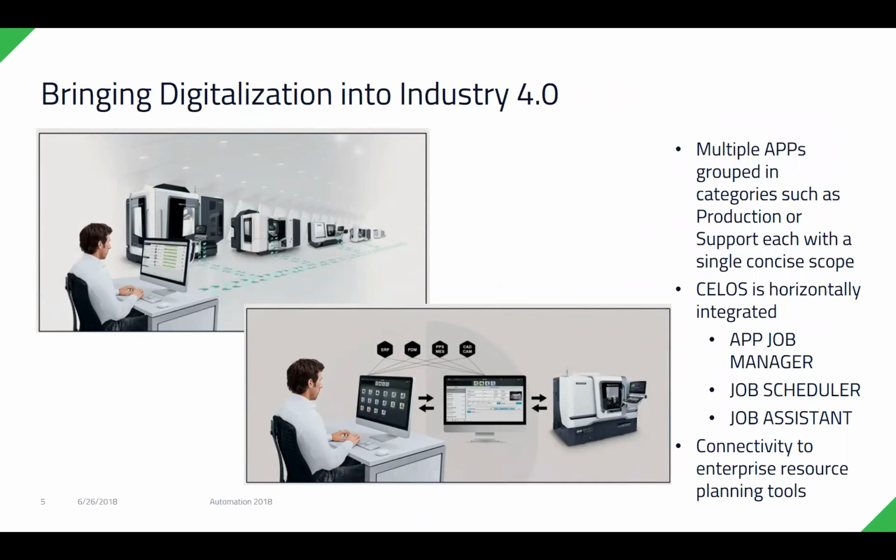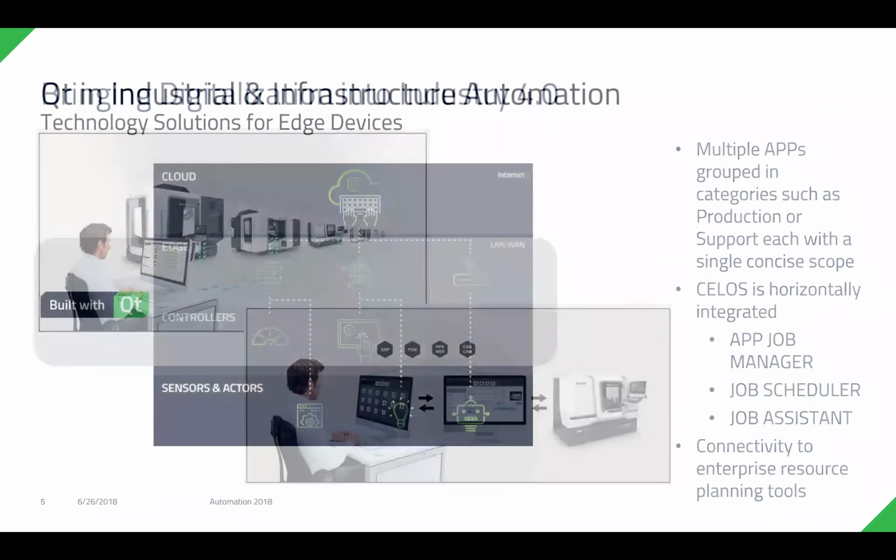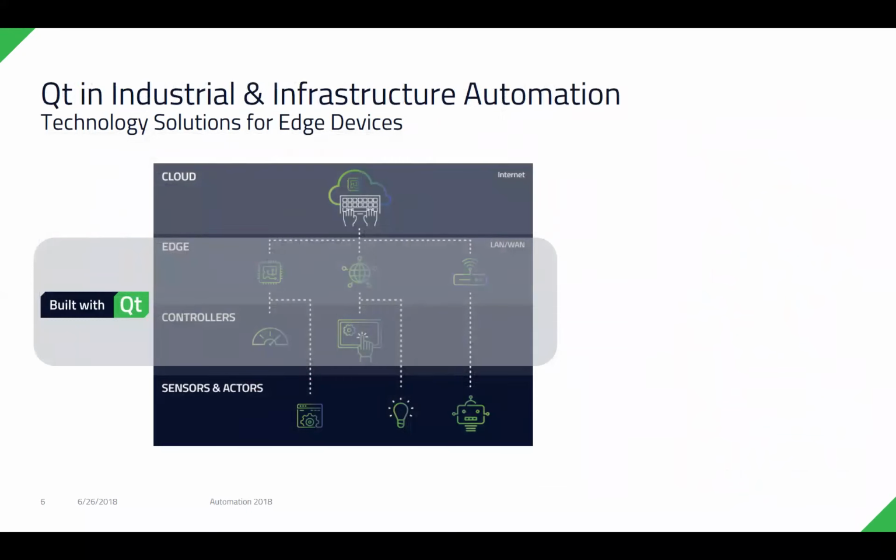So these were only two customer cases we were mentioning, but now we would like to talk a little bit about what our focus is in industrial infrastructure automation. So we see Qt being the framework for the edge devices, and where we are focusing from the needs perspective is connectivity.